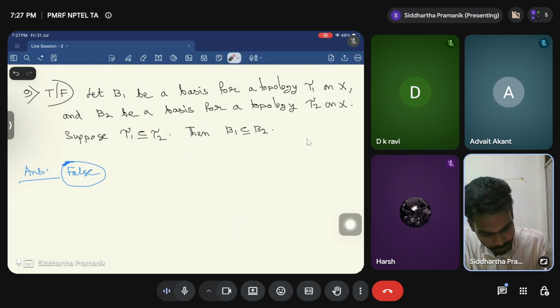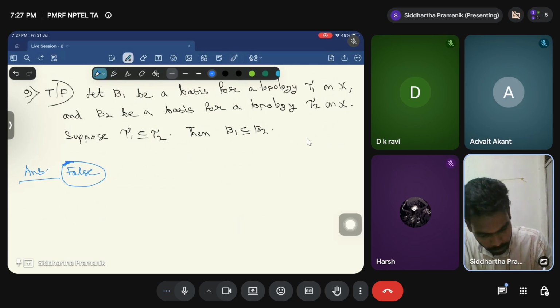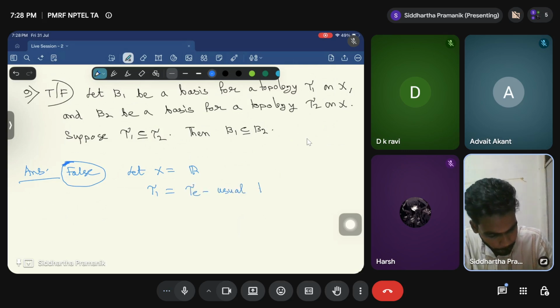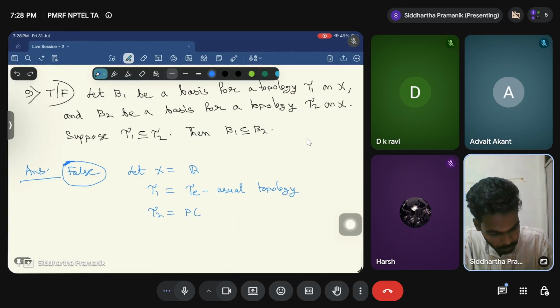So let X be the real numbers, let tau1 be the usual topology, and let tau2 be the whole power set, meaning the discrete topology.